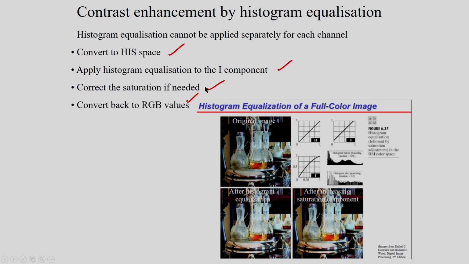So you can see I have the original image. After this I am applying histogram equalization only for the I component, so that is my result. After this I have to do saturation correction, and after saturation correction, this is my output image.